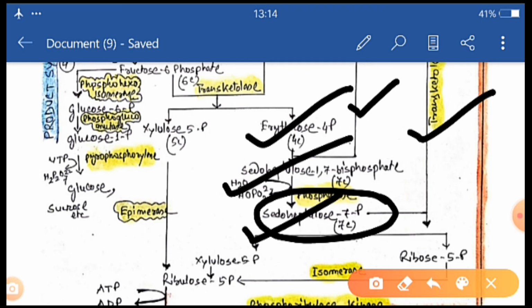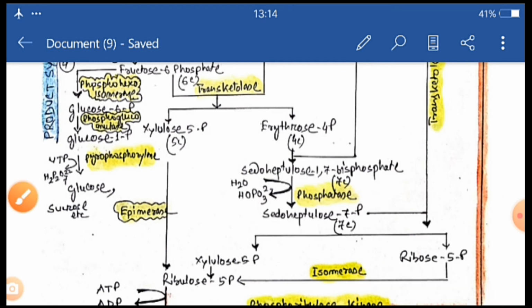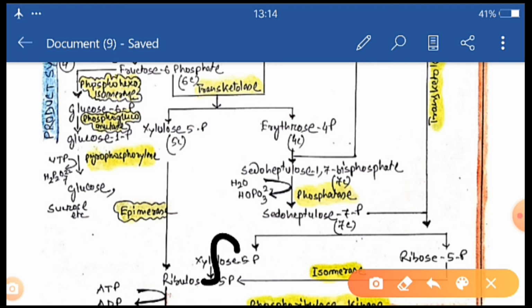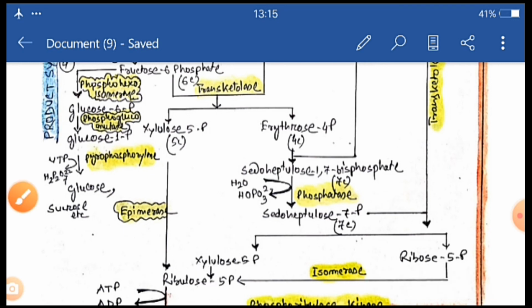As a result of that, those 10 carbons will be divided into 5-carbon xylulose 5-phosphate and ribose 5-phosphate. We have seen that xylulose 5-phosphate is converted to ribulose 5-phosphate by the enzyme epimerase, and then again to RuBP by the activity of the enzyme phosphoribulokinase.